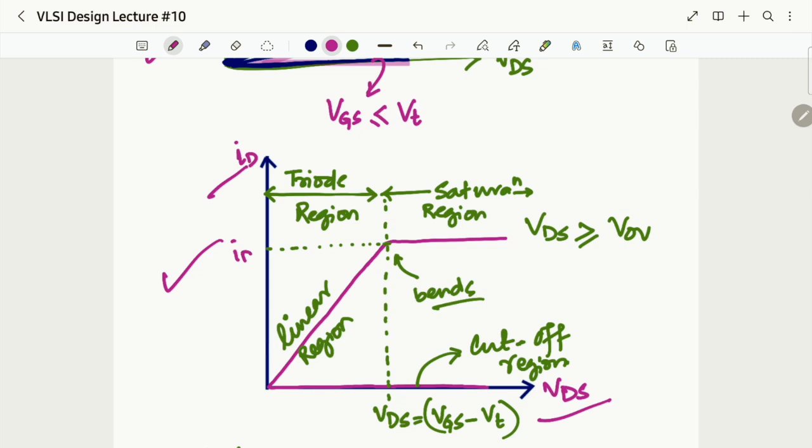I am getting ID max. Whatever is the maximum value for this MOSFET, like for this VGS minus VT, I am getting the ID max when my MOSFET is driving into saturation region.